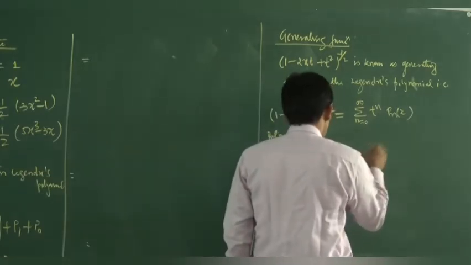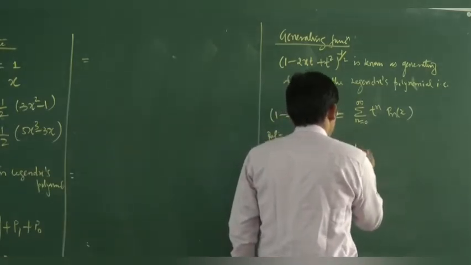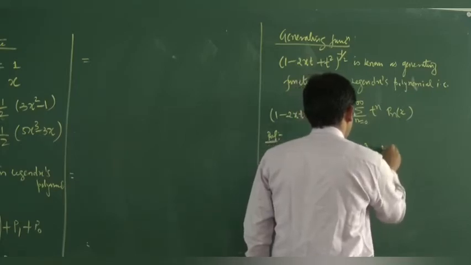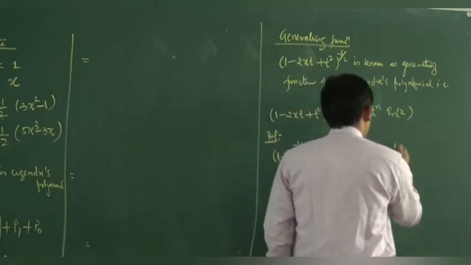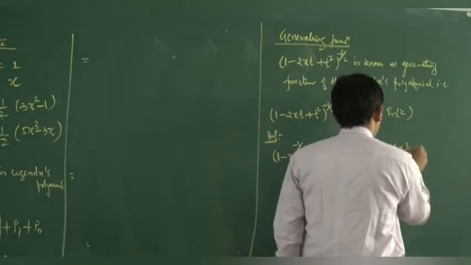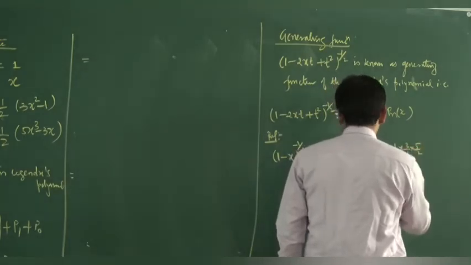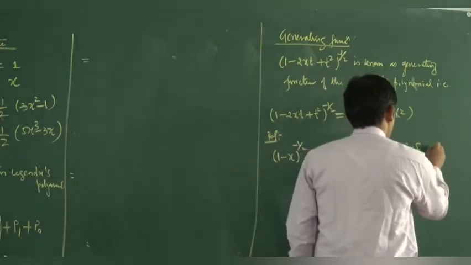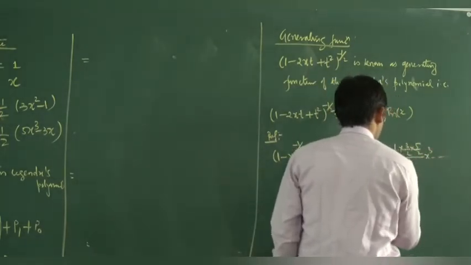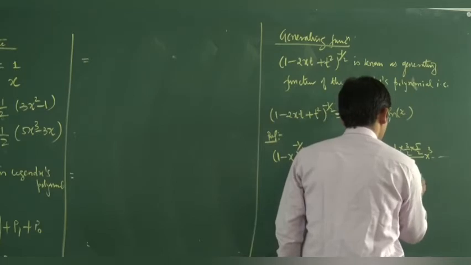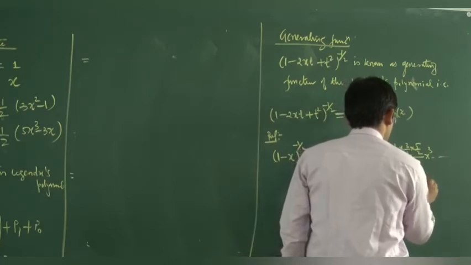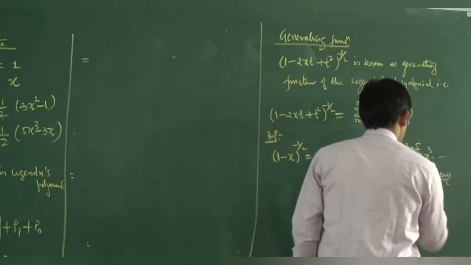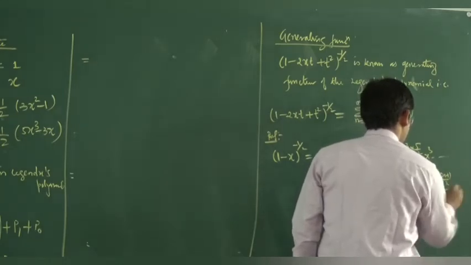So this will be half into 3 by 2 upon factorial 2, then x square. Then next will be 1 by 2, 3 by 2, 5 by 2 upon factorial 3 x cube. And the nth term will be equal to 1 by 2, 3 by 2, 5 by 2, up to (2n minus 1) by 2, and then factorial n, into x power n.